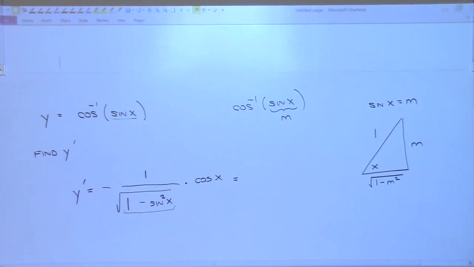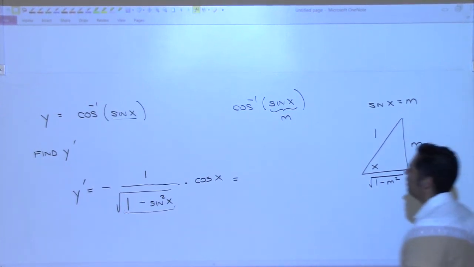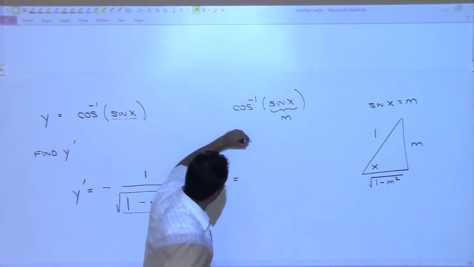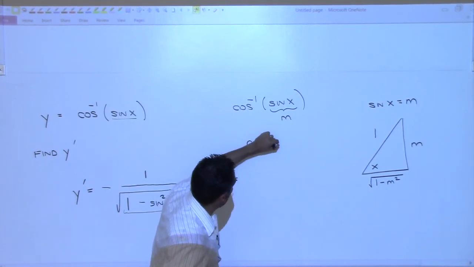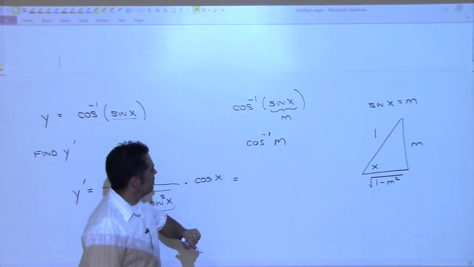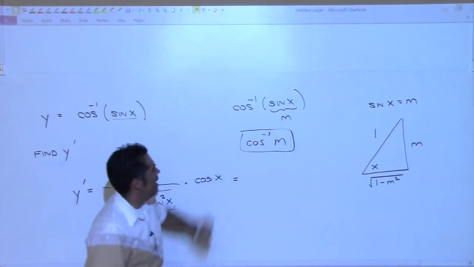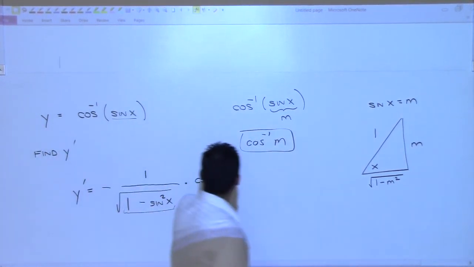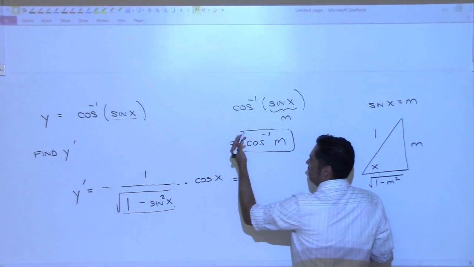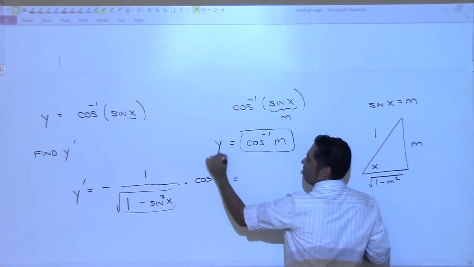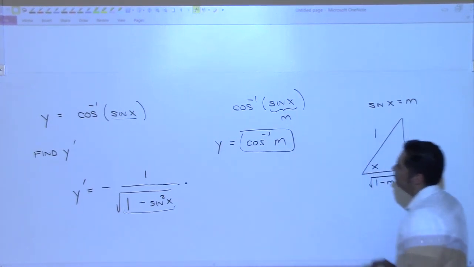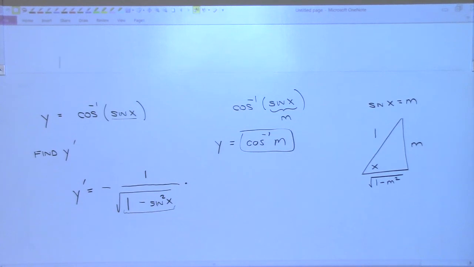So now let's see what this is saying. We want to know what cosine inverse of m is. What is cosine inverse of m? It's something. I want to call it something. Let's call it y, because that's what it is up here.